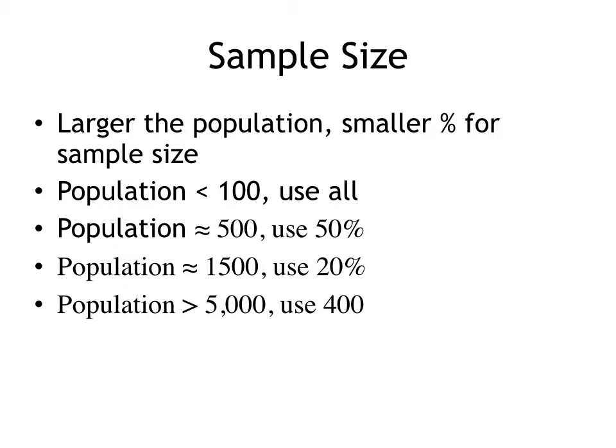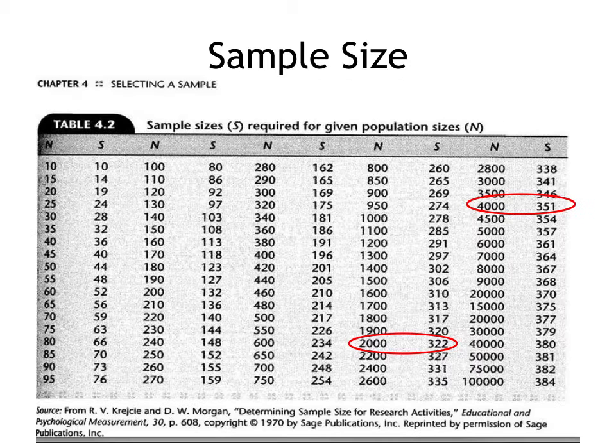When you get up to around 1,500 as your target population, then you should go for a sample of about 20%, or 1 in 5. And when your populations get up over 5,000, once you hit those kinds of huge populations, you want to go for a sample of about 400 individuals or 400 groups, whatever your unit of study is.